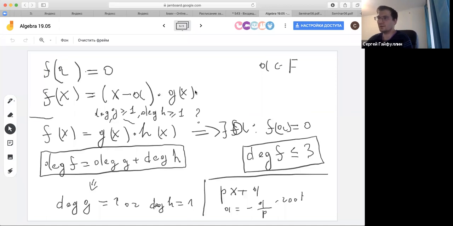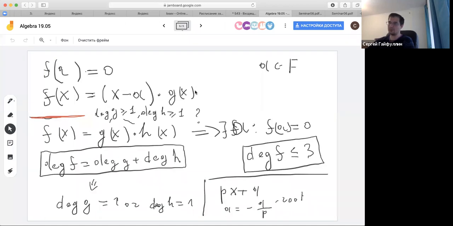Here, we say that if we have a root, then f is reducible. And the second part, if f is reducible, then f has a root. So these two parts give all the proof that f is reducible if and only if it has a root.